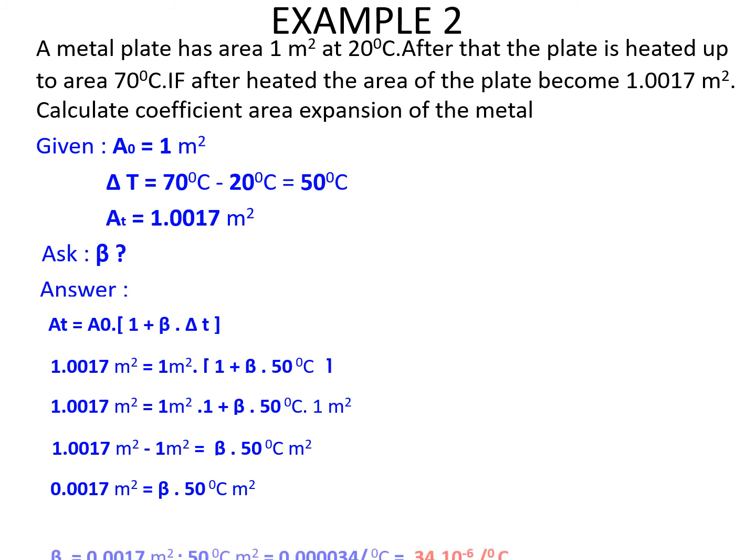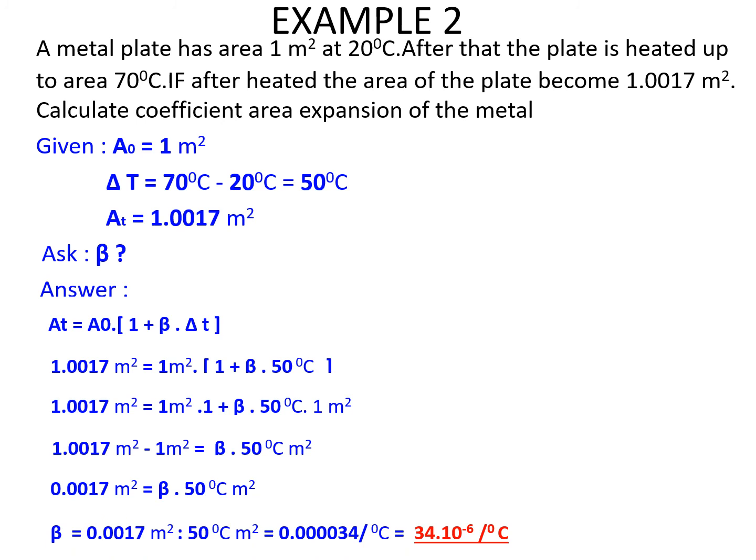From here we can get that beta equals 0.0017 meters square divided by 50 degrees Celsius meter square, and we can get that beta equals 0.000034 per degree Celsius, or we can write 34 times 10 to the power of minus 6 per degree Celsius.